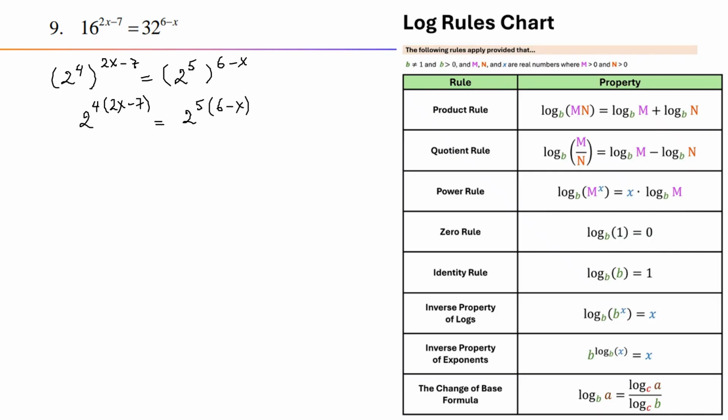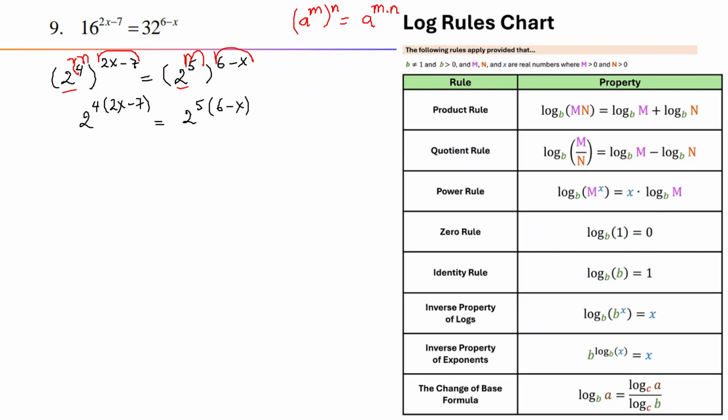Okay, so remember to copy down the formulas and then use it every time you're working on your homework. a to the power of m, to the power of n, equal a to the power of m times n. Okay, so the exponent right here is your m. Then multiply your m by your n, same base.